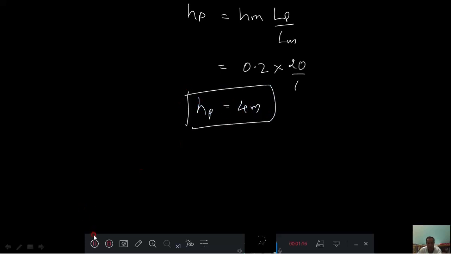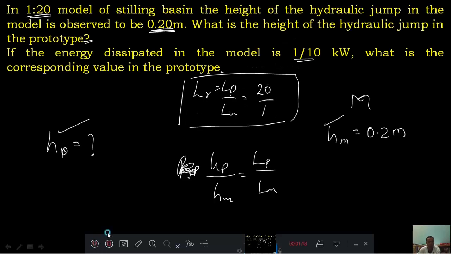Okay, now we need to work out the energy. Here they said the energy dissipated in the model is 1/10 of a kilowatt, which is given in kilowatt, meaning that is the power. Then what is the power? Go to the basic. Power is force into distance by time.